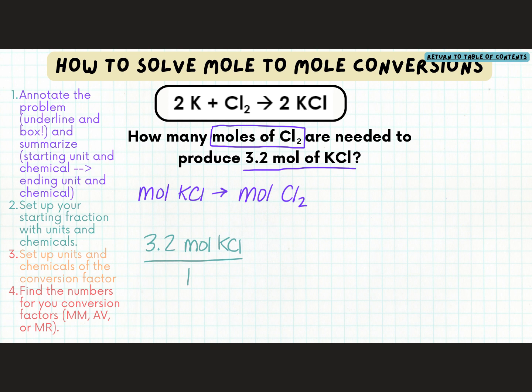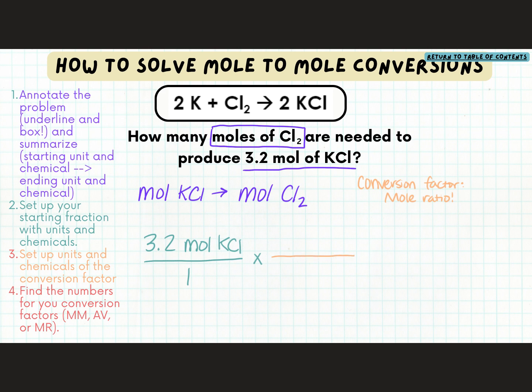And then the next step says that we are going to set up units and chemicals of the conversion factor. Well, when we're doing mole-to-mole conversions, our conversion factor is the mole ratio. So we're going to set up our next fraction, and this is going to be our mole ratio.